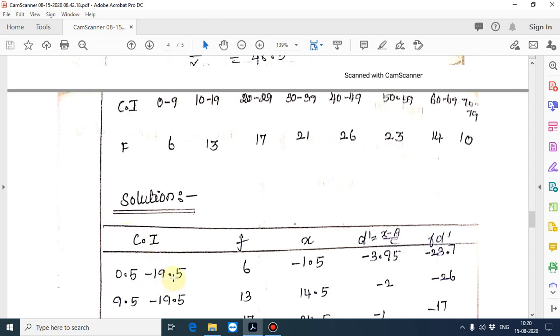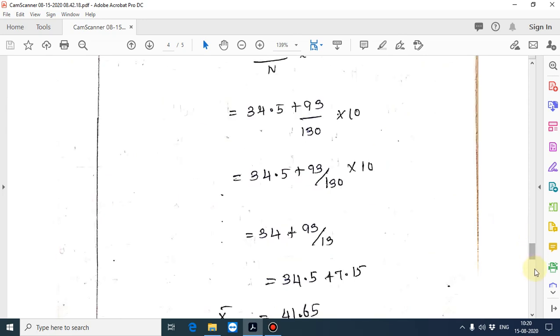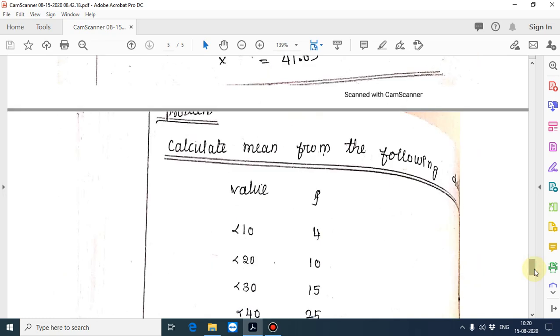This is not 19.5 girls, this is 9.5. Then 9.5 to 19.5. Like that you calculate the class intervals as I said in the previous problem, and you will get the answer. If you have any doubt, you can comment in my comment box or else in the group.